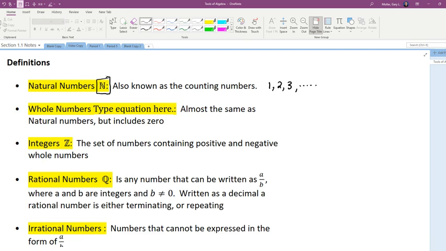Whole numbers are almost exactly the same thing, but it just includes the number 0. So a whole number is 0, 1, 2, 3, etc. Oh, by the way, back to whole numbers. There really isn't a formal agreed upon symbol for whole numbers.